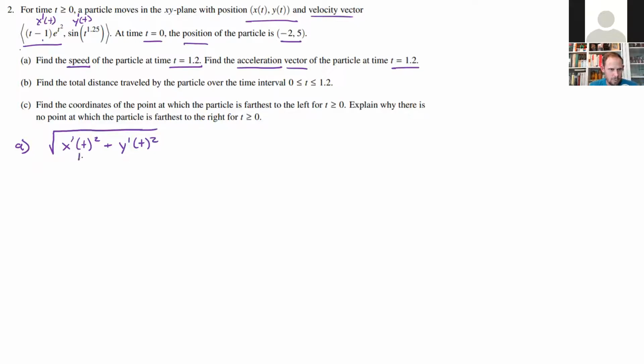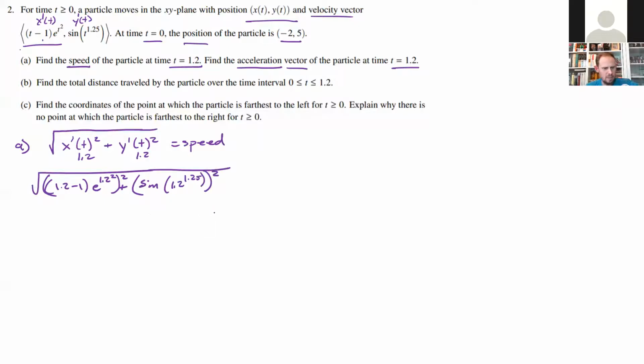So we want to plug in 1.2 for each of those, square it, and then add them up and take the square root, and that would be the speed. So let's see, that would be the square root of (1.2 minus 1) e to the 1.2 squared, quantity squared. Almost forgot that. And then we've got sine of 1.2 to the 1.25, squared.